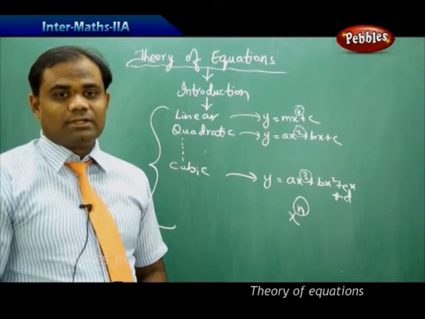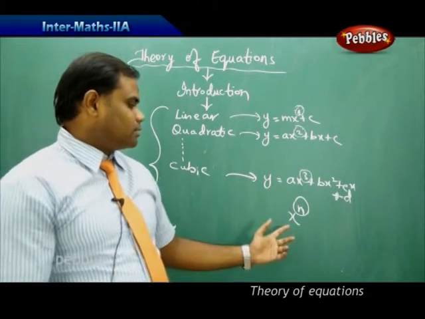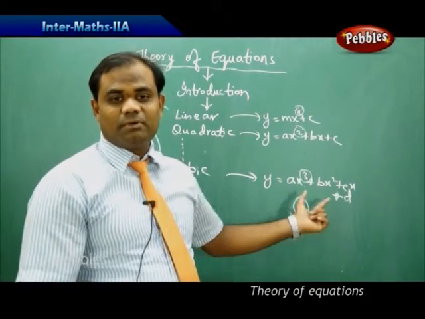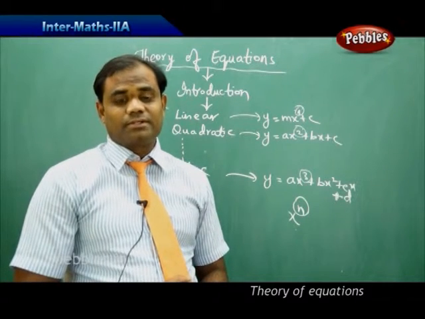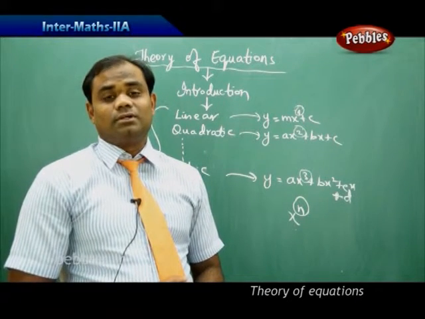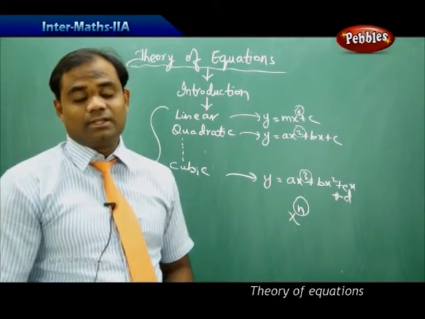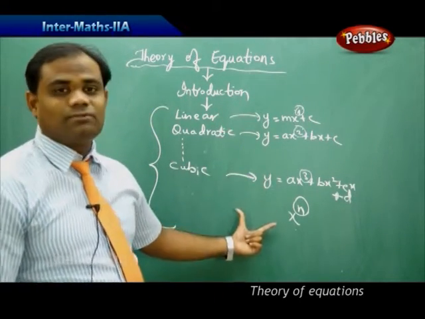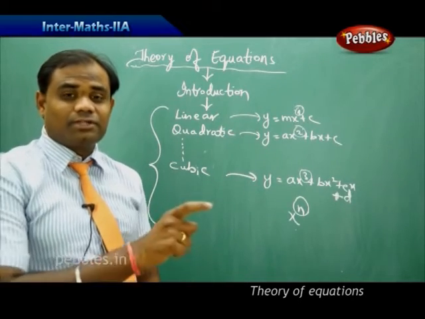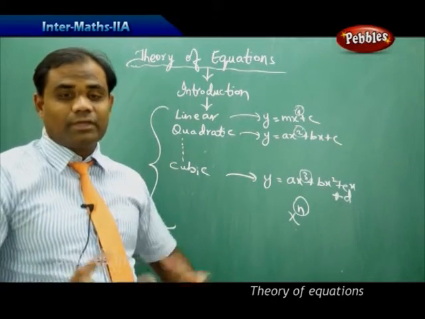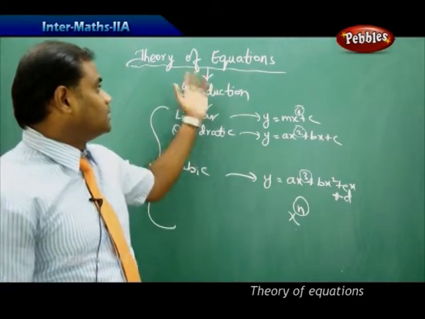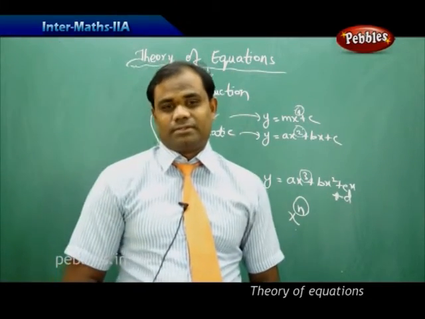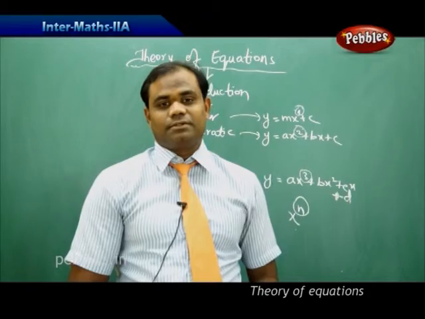Similarly, we are going to enter into the general form of x power n equations, which are called polynomials, which we are going to discuss in the next session. But the study of each of these for their roots, for the connection of the roots with coefficients and various other properties comes under theory of equations, to be continued with the session.